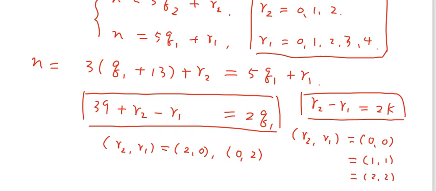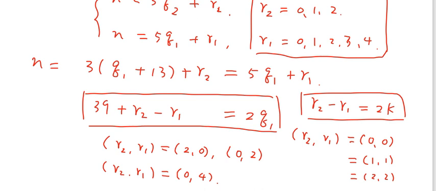Or could it be 4? Only this case: R2 is 0, R1 is 4.